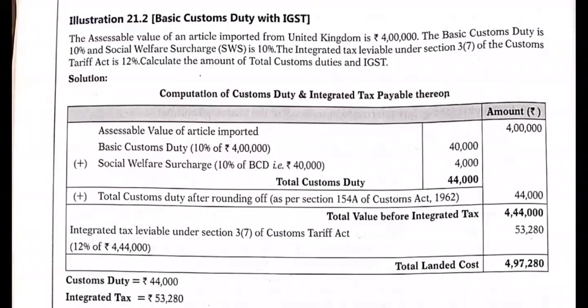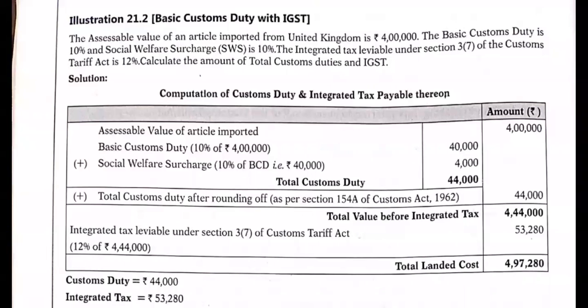So this will be written in the outer column with the name total custom duty after rounding off. Now we need to do the total of 4 lakh plus 44,000. That will be total value before integrated tax. That is 4 lakh 44,000. Now out of that, they told us that integrated tax is 12%. So 4 lakh 44,000 of that 12% is 53,280 rupees.